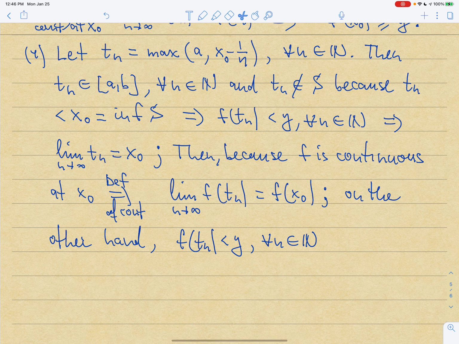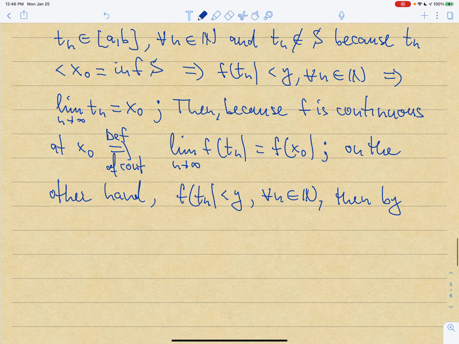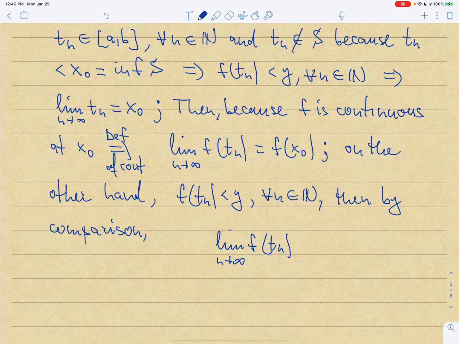Then by comparison, the limit as n goes to infinity of f of Tn becomes less or equal than the limit as n goes to infinity of y, which of course is just y in this case.